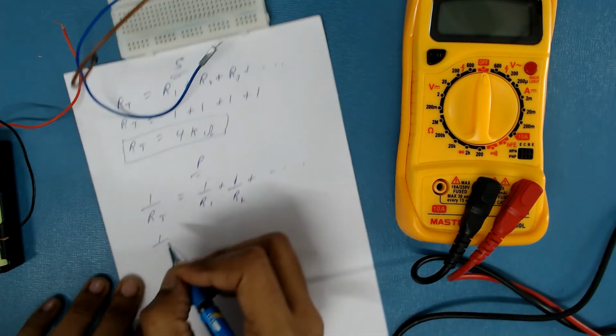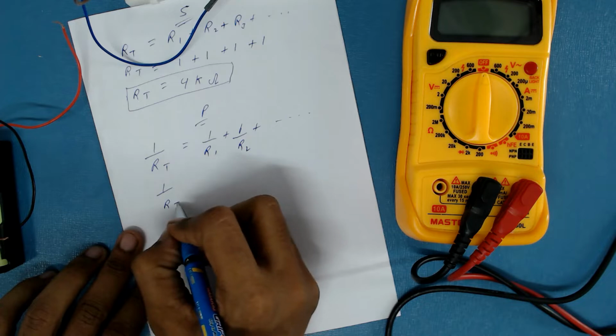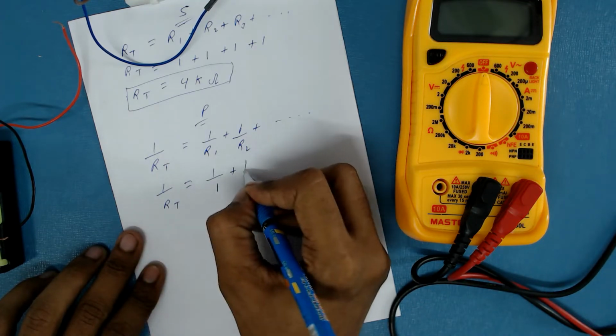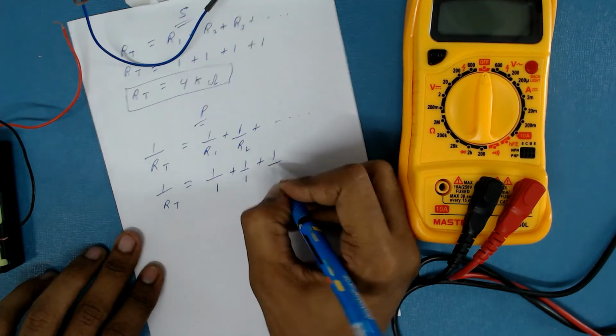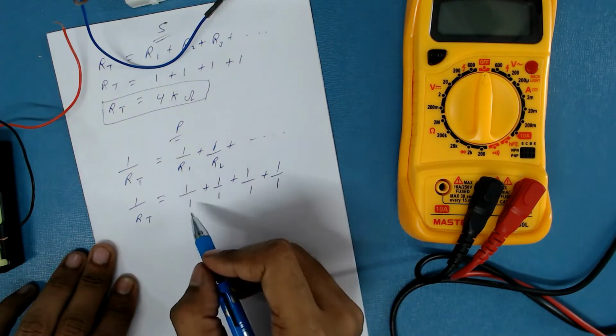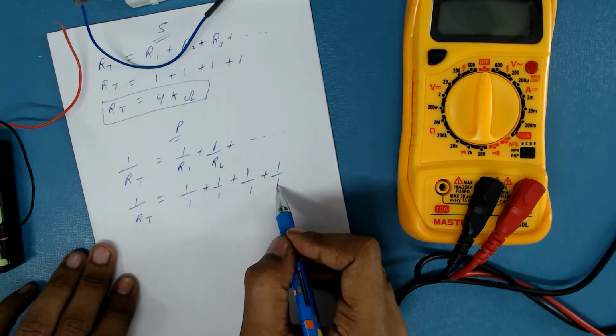Let's see how we got the value. 1 upon RT equals 1 upon 1 kilo plus 1 upon 1 plus 1 upon 1 plus 1 upon 1, because all of these are 1 kilo ohm and we have four.